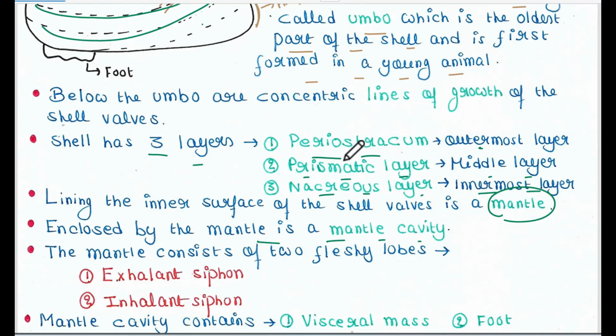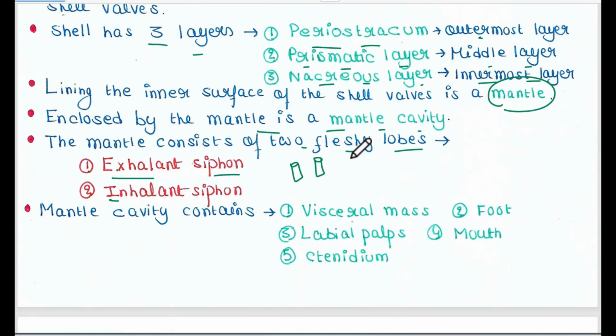Now the mantle consists of two fleshy lobes known as exhalent siphon and inhalent siphon. Now the mantle cavity contains all the visceral mass, that means the internal organs are present.